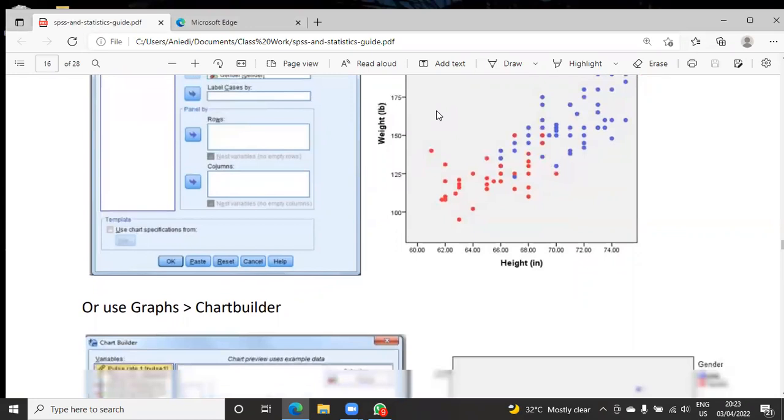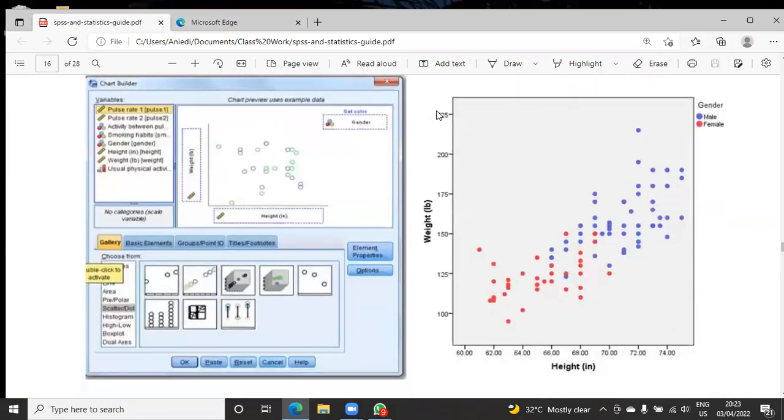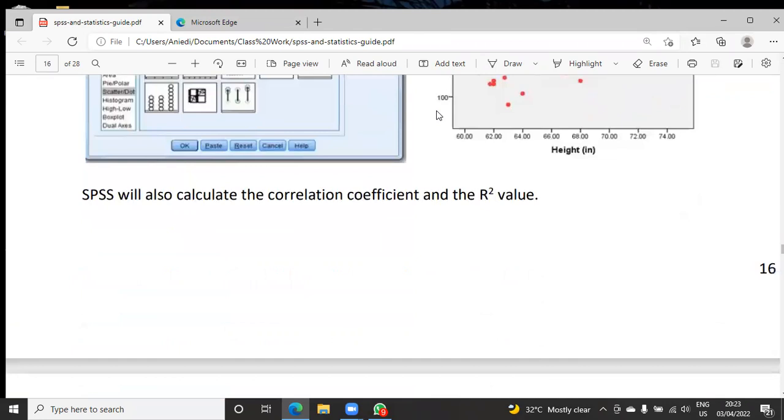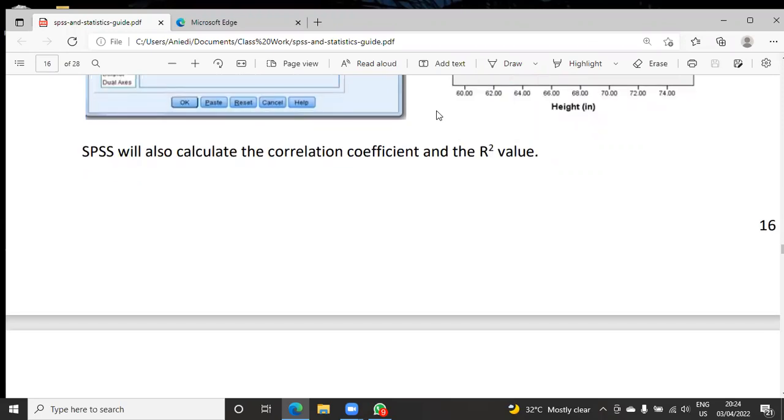Let's look at this. We talked about correlation. From the graph, what I can read is that there's a high correlation between height and weight, which means there is a strong correlation. Somebody who is shorter is likely to have a lesser weight, and somebody who is taller is likely to be weightier.